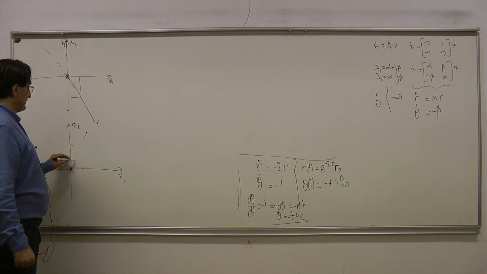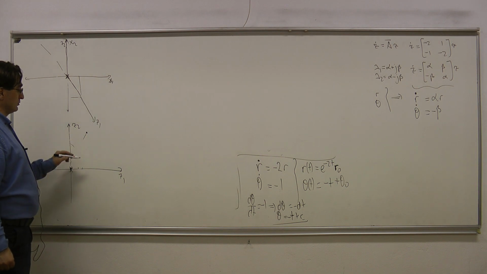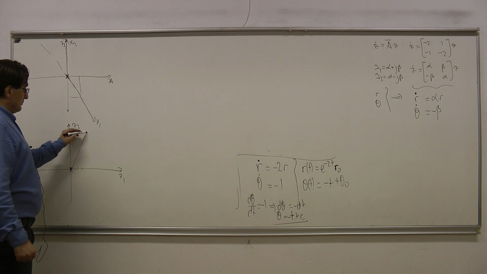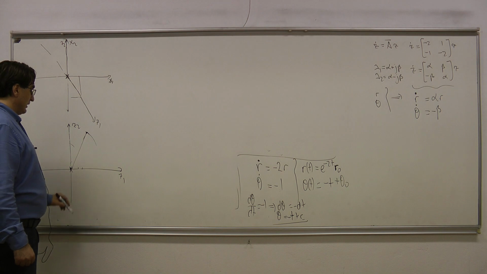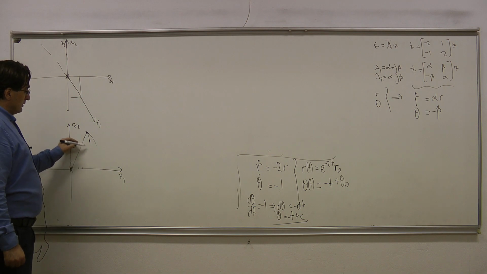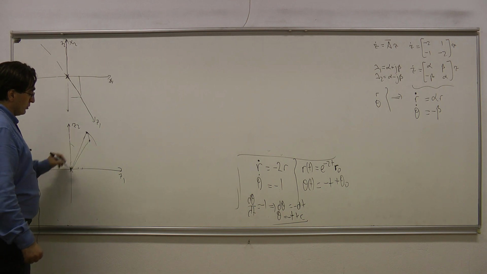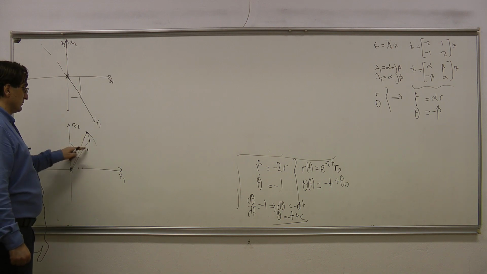So if I am at this point at time t equals 0, then my theta would be rotating like this. Okay, but the radius would be getting smaller and smaller. So this is going to be my new radius, so the distance to the origin is going to decrease, and similarly, as I rotate, this distance is going to get smaller and smaller.